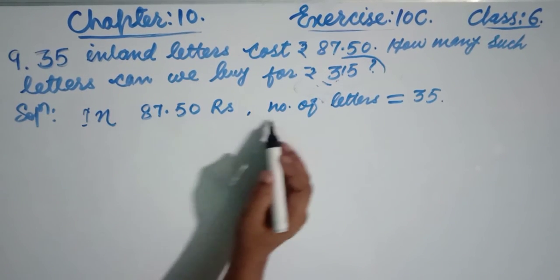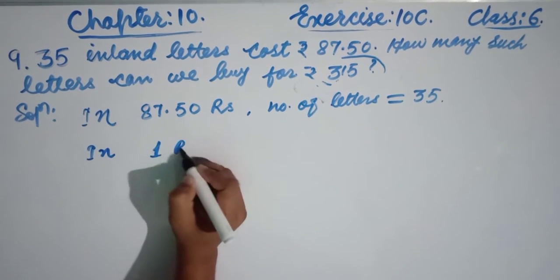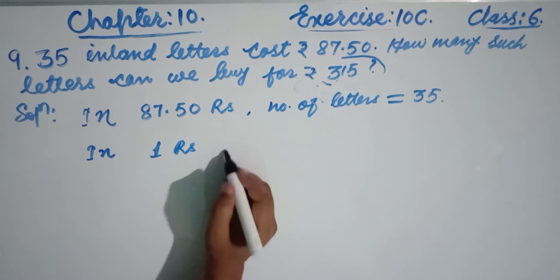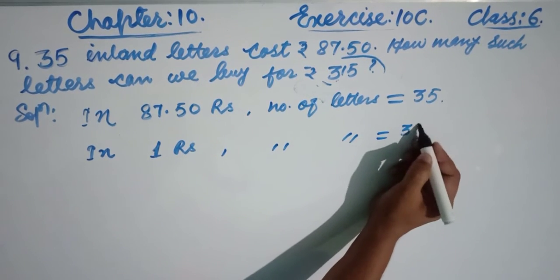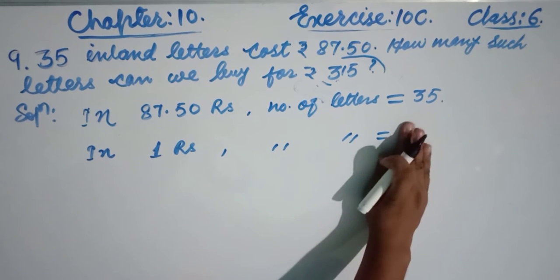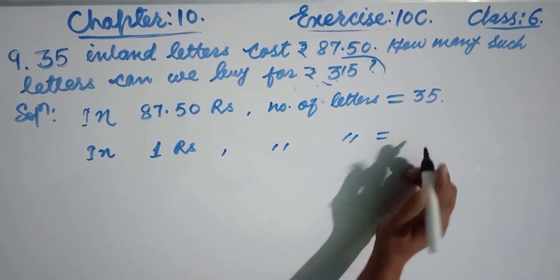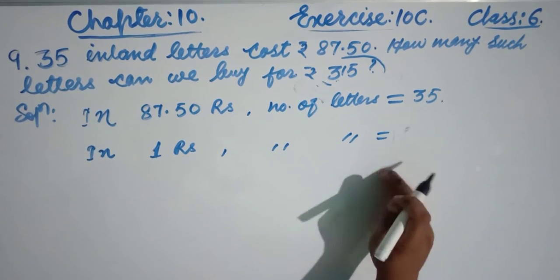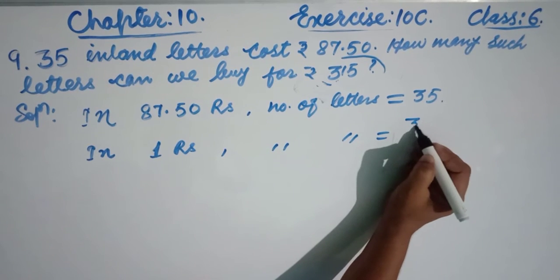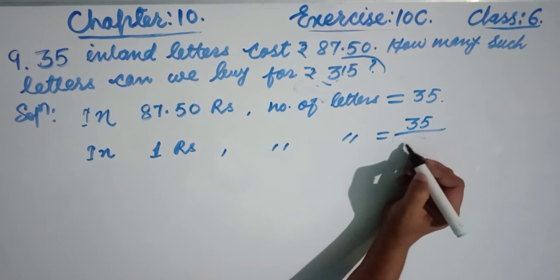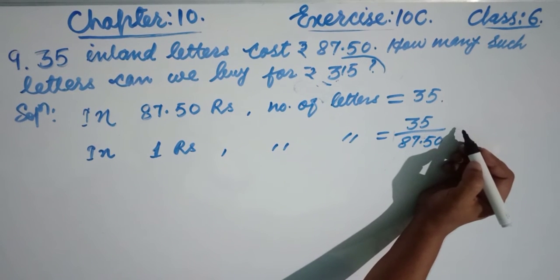in 87.50 rupees में number of liters इतना है, इसलिए now in 1 rupee, because we have to find the value of 1 unit, number of liters friends 35 divided by 87.50 liters.